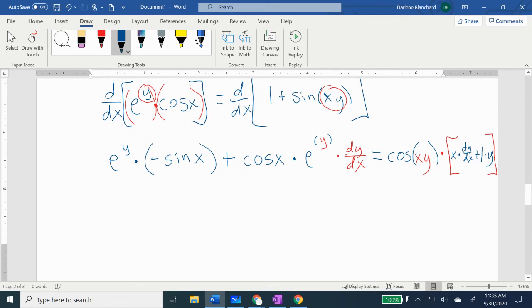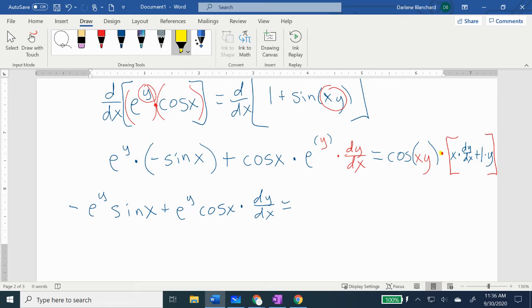I'm going to just rewrite this to see better what we are working with. Actually, I'm going to put that exponential in front. So I have negative e to the y times sine x plus e to the y times cosine x times dy dx equals.